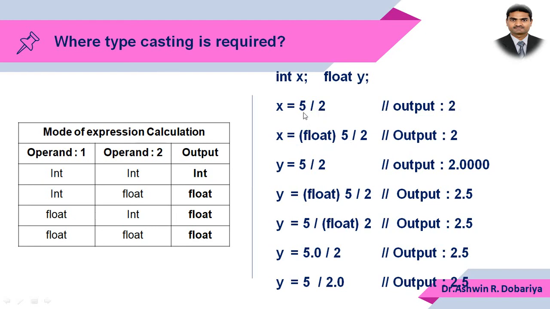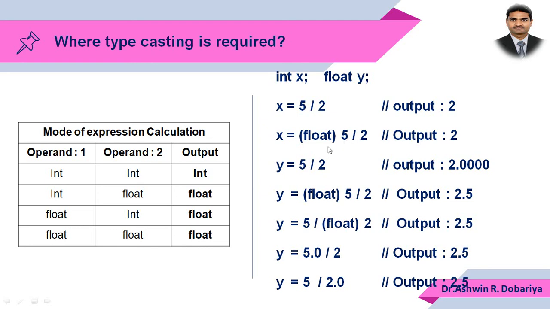Now what happened over here? The same expression, float 5. So it's an explicit type conversion, and explicit means first 5 is converted into float. So how is 5 considered? 5.0, and 5.0 divided by 2. So 2 is integer and this is a float, right? So 2 is again internally promoted as a float, right?